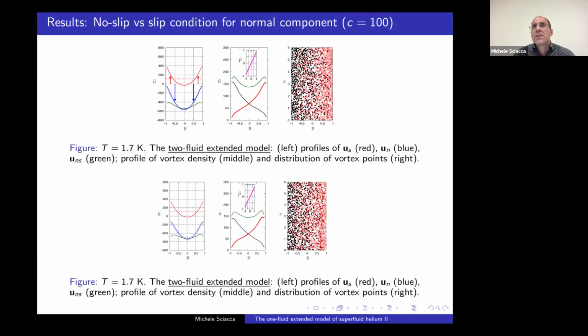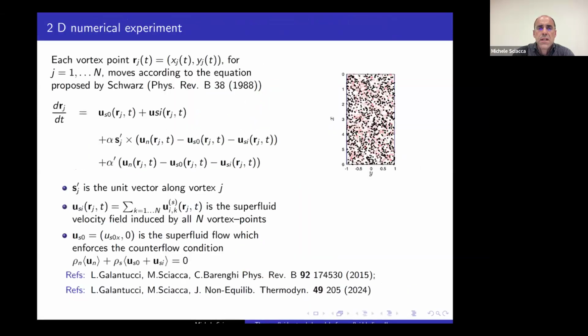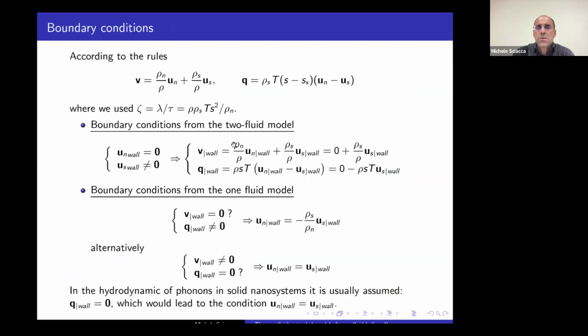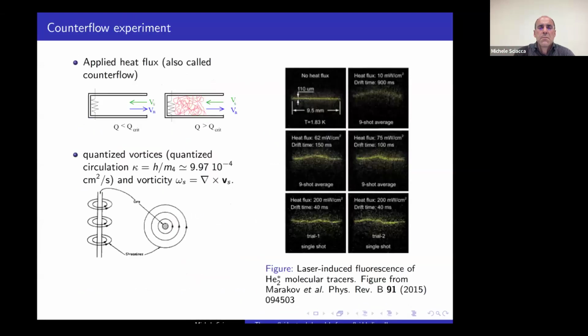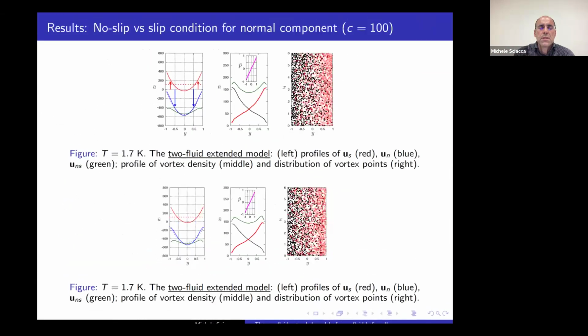I will remind you that UNS is proportional to the heat flux, as shown in this slide, let me go back just to show that. So that green line is somehow proportional to the heat flux, and is the profile of the heat flux in both experiments we considered.